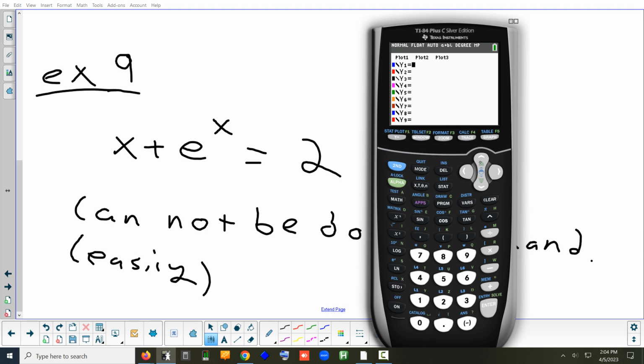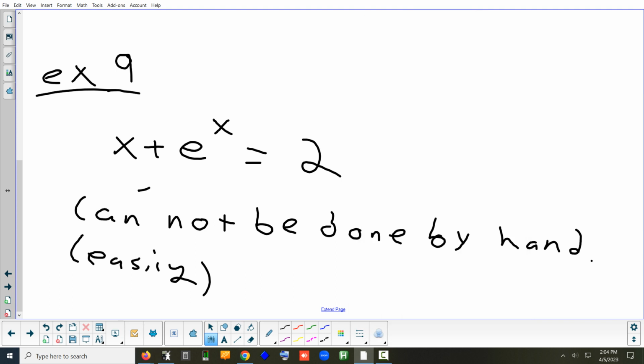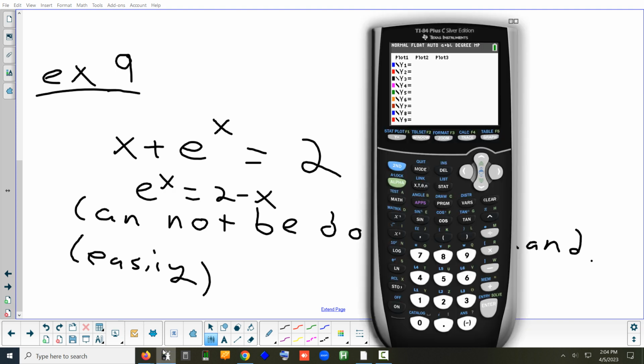And then I would plot e to the power of x. So you just do it like this. Okay. And then you said you would graph e to the power of x? Yeah. All right, so we can type in e to the power of x. And y2, graph 2 minus x and then find the intersection. Yep, exactly. So you can find the intersection.